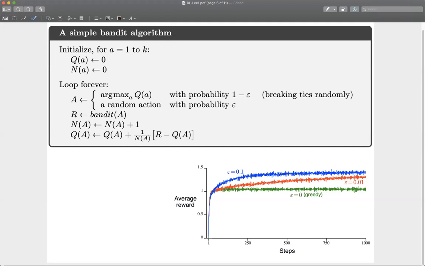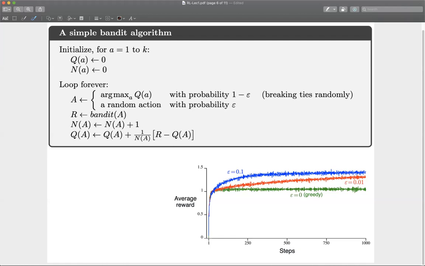If everyone is zero and that first one has some finite positive return, I'm going to keep picking that same arm. So when the epsilon is zero, the pure greedy method, you lock yourself into the first arm you pick, provided it was positive. If the return was negative, then maybe you pick another one.